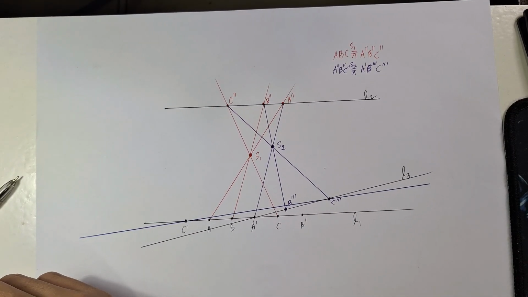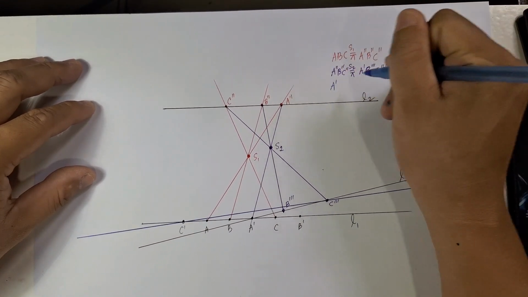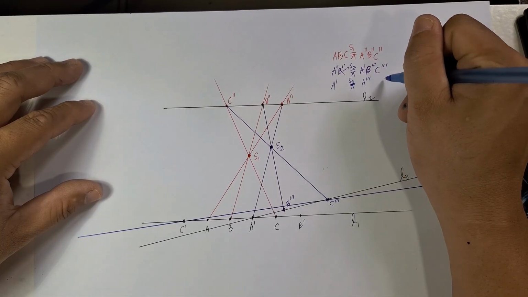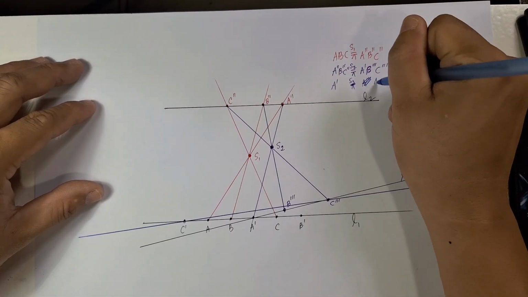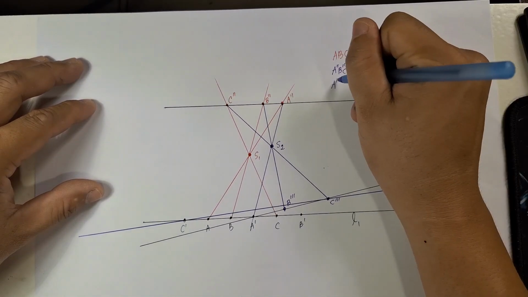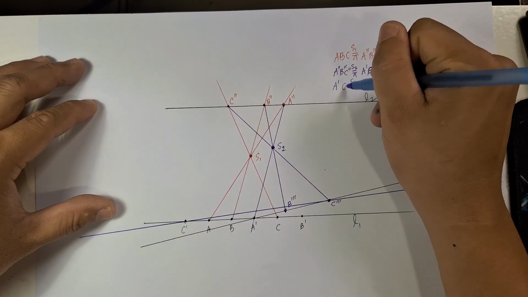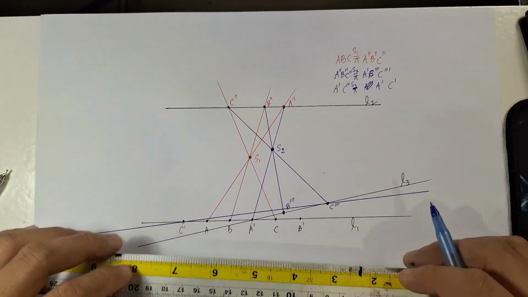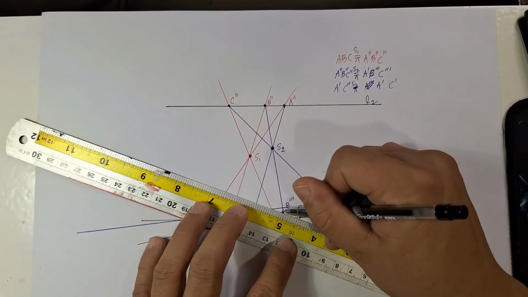A prime and A triple prime are the same, so let's just use A prime. And then C triple prime with C prime. And then for B, we should identify first the intersection of B triple prime and B prime.